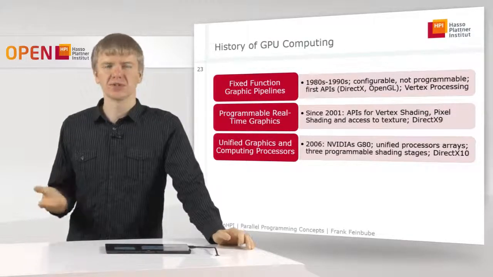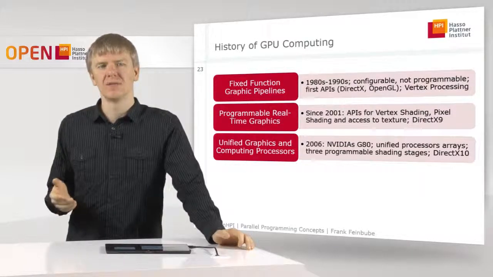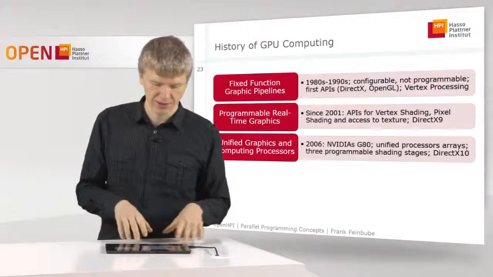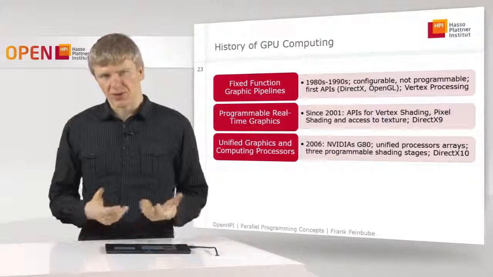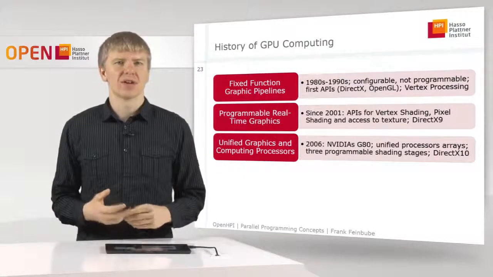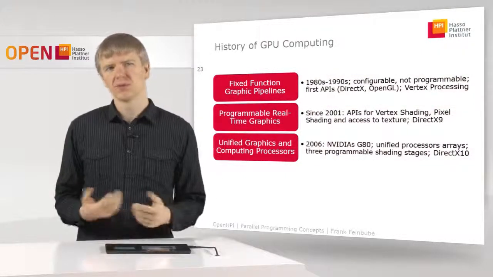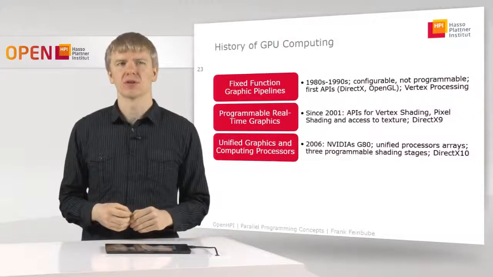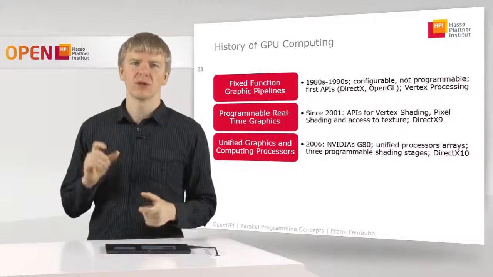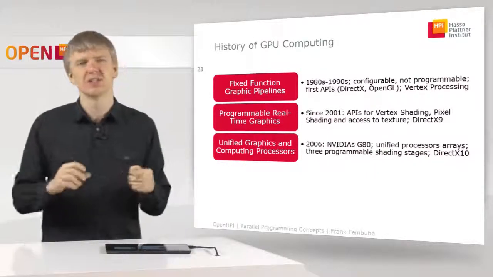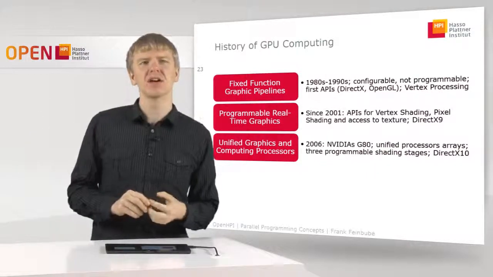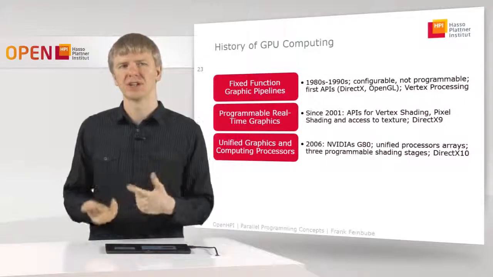This is called the fixed function graphics pipeline, where everything is fixed. Then people wanted cooler graphics and something more individual for games, for example, and they came up with programmable real-time graphics, where you had APIs to create shaders that tweaked the vertex processing, and pixel shading was also added.